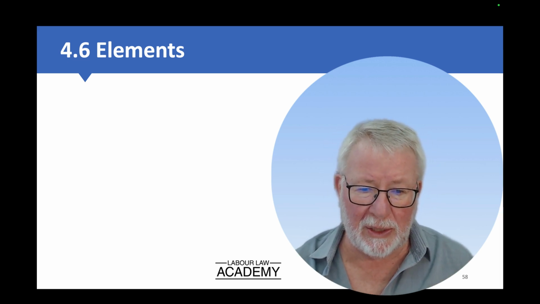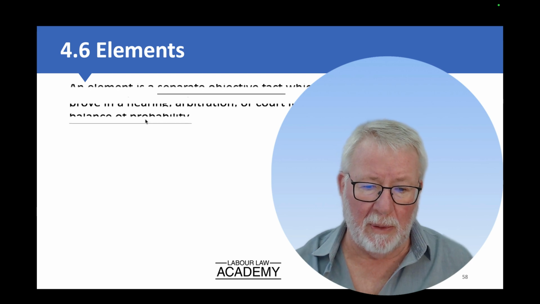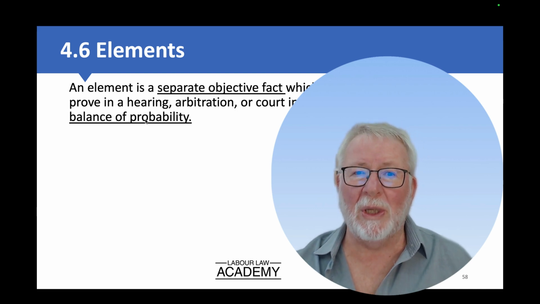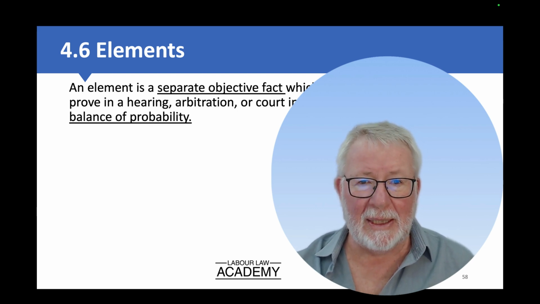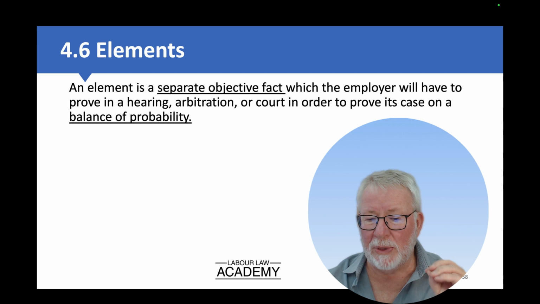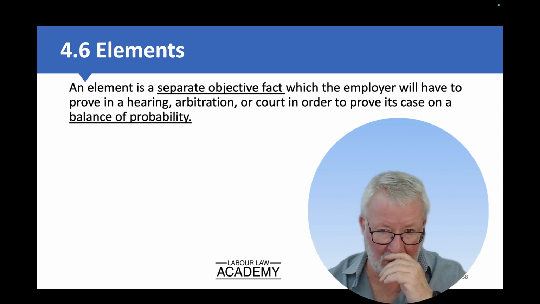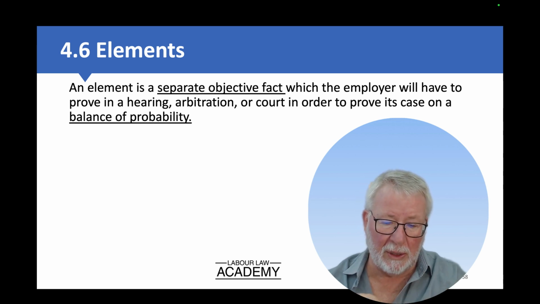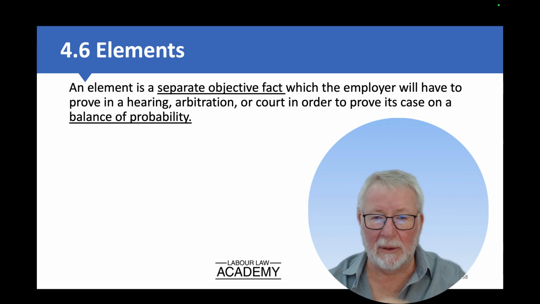So let's move on to explain what an element is. It's a separate objective fact which the employer will have to prove in a hearing, arbitration, or court in order to prove its case on a balance of probability. So again, it's a separate objective fact which has to be proved by the employer.